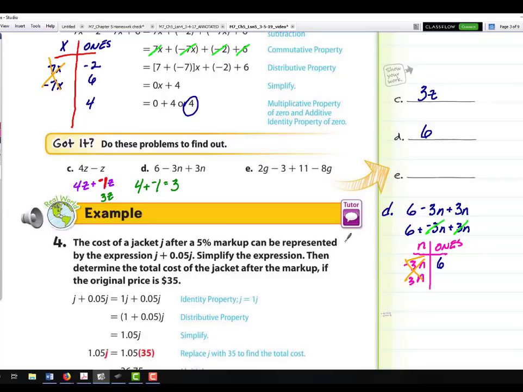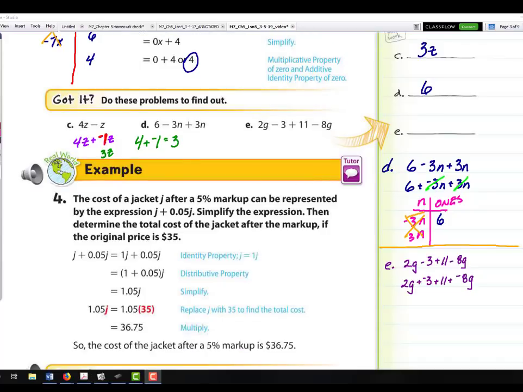All right, go ahead and pause again to do letter E. If you already did letter E and you're ready to check your work, you can just let the video run. Here's my work for letter E. So I brought over the original expression, 2g minus 3 plus 11 minus 8g.